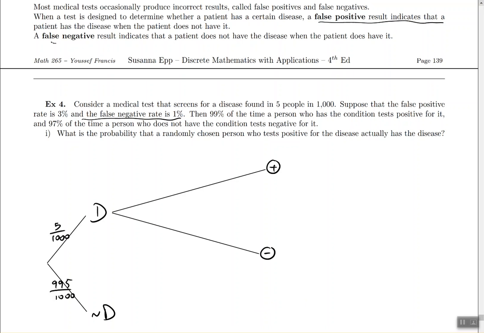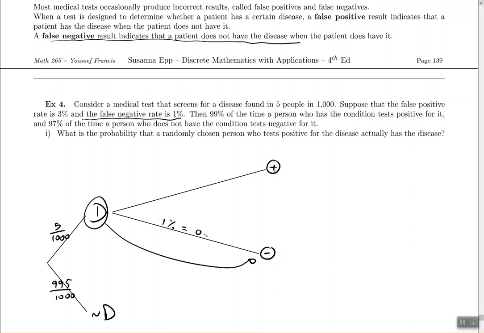False negative indicates that a patient does not have the disease when they in fact have it. So these people already have the disease, and my test is saying no, they don't have it. So this is 1%, or 0.01. So automatically, the second branch is going to be 99%, or 0.99.